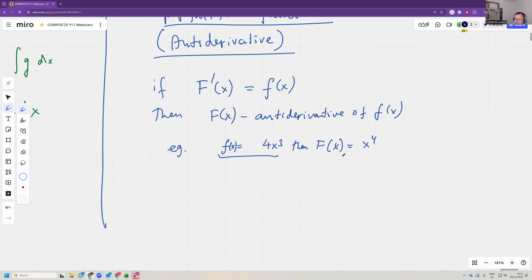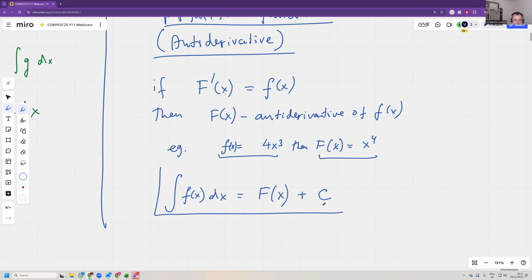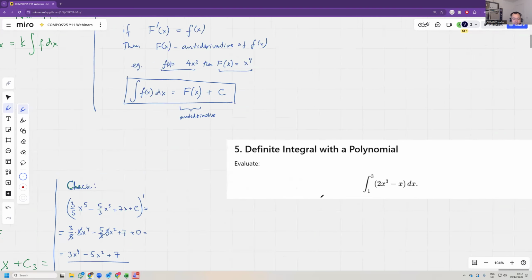Kind of makes sense, hopefully. So the integral of f of x dx can be written as F of x plus c. That's the rule. Okay, so that's the antiderivative, also known as the primitive function.